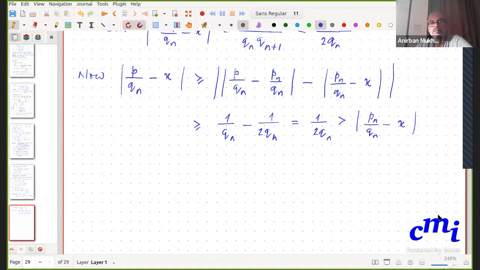Such a number is pi. It is called a transcendental number. So pi is an example of a transcendental number. That can also be approximated by convergents. One can write down the continued fraction expansion.